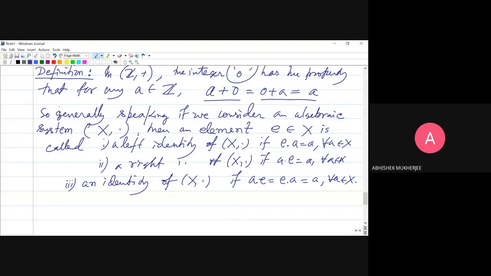And if you consider the multiplication of matrices on the set of all square matrices over R, then you will see that the identity matrix will be the multiplicative identity for this system.